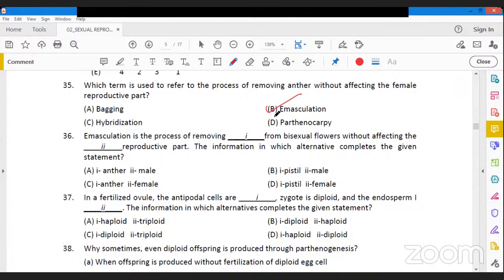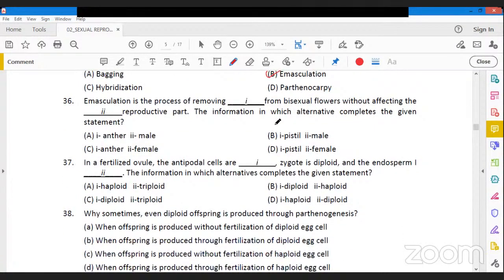Emasculation is the process of removing anthers from bisexual flowers without affecting the female reproductive part.